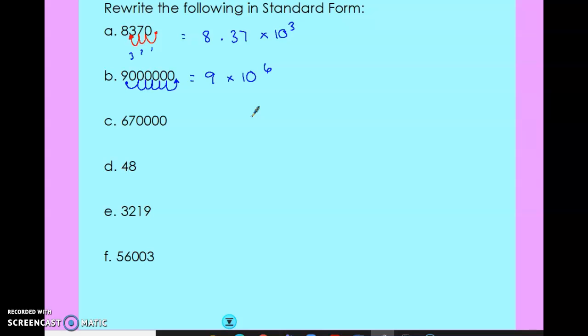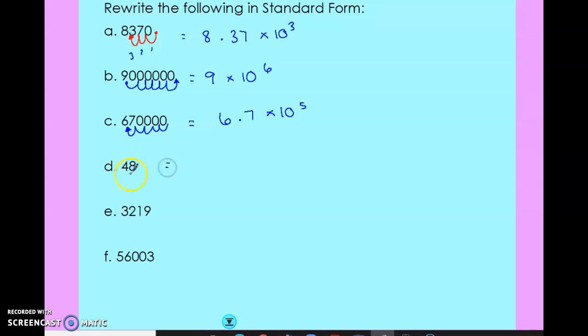Next again, we've got 67.0000. Again, my number is going to be 6.7. So I need my decimal point to end up in there. So I've times it by 10. 1, 2, 3, 4, 5 times. So I get times 10 to the power of 5.